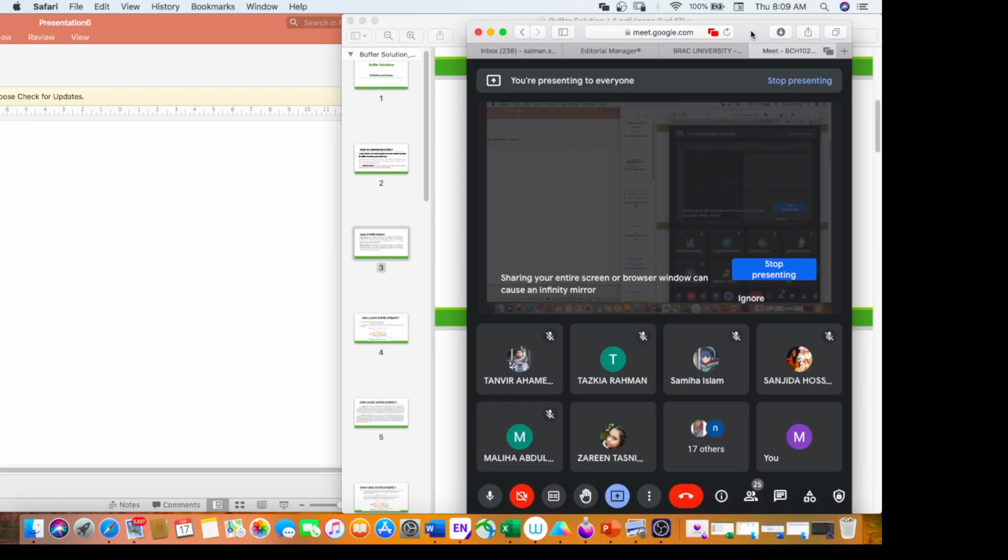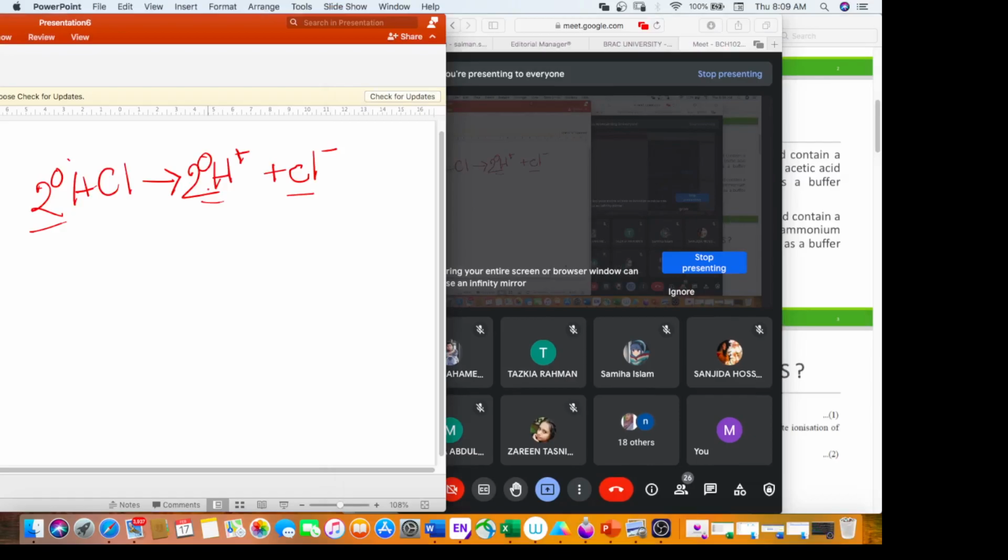If you put HCl, it will dissociate 100%. That means if you put 2 HCl, you will get 2 protons. If it is 20, you will get 20. If you put 20 million, it will be 20 million protons. Clear?